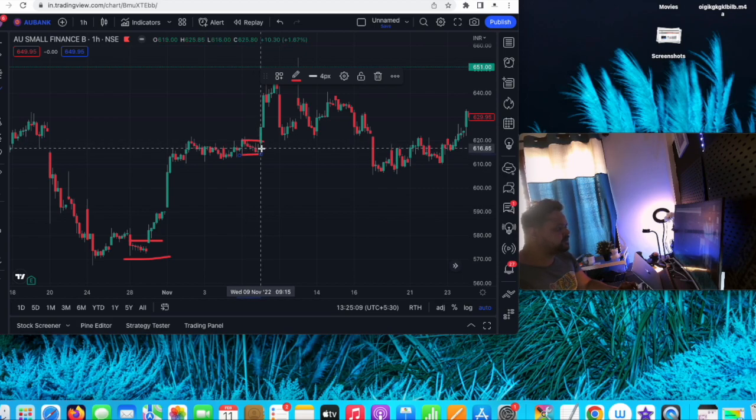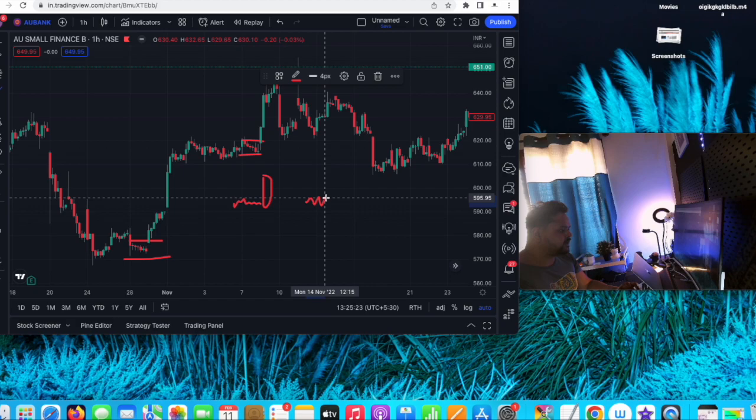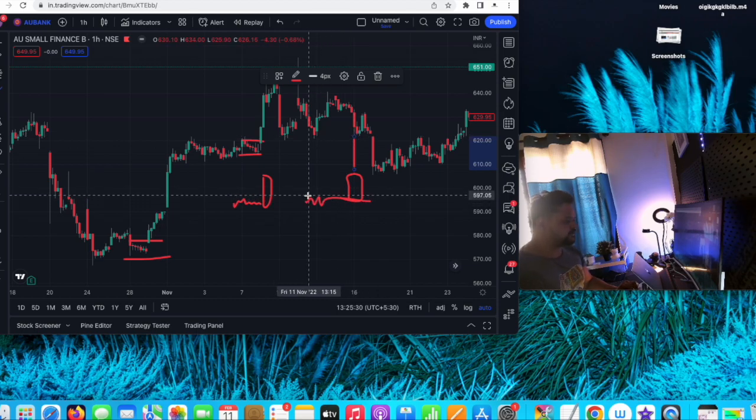You have to consider the wick of the candle. For example, this is a breakout, right? This kind of a candle after small candles is a breakout, but I don't consider candles like this after a consolidation or after a build up.